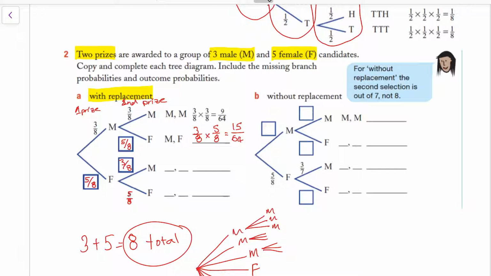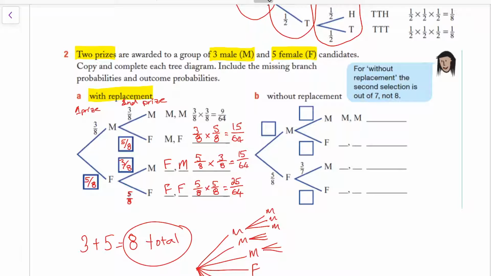So now my outcome is female male is a 5 over 8 chance times a 3 over 8 chance, which is 15 out of 64. Then we've got female female, which is 5 over 8 times 5 over 8, which is 25 over 64.